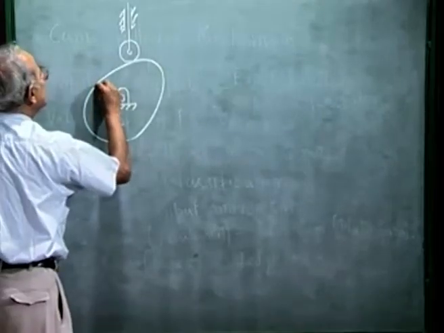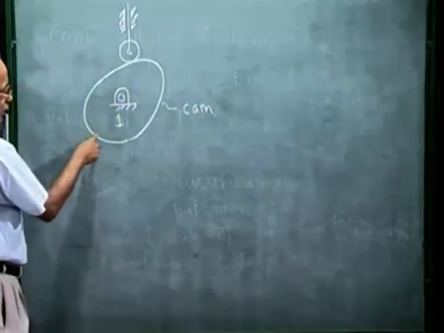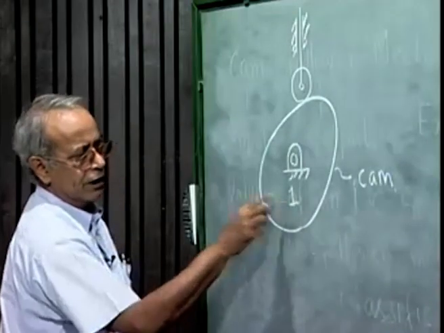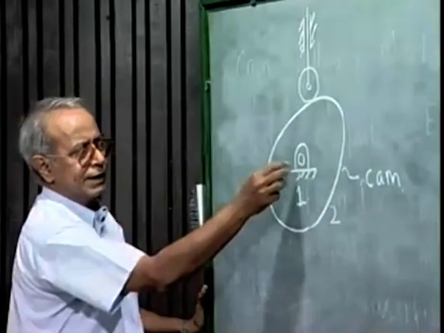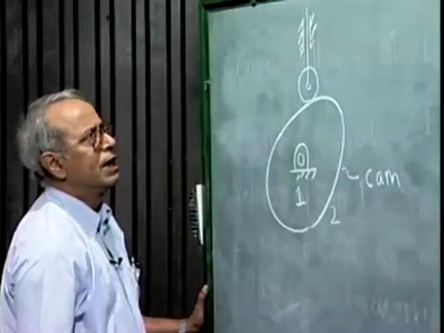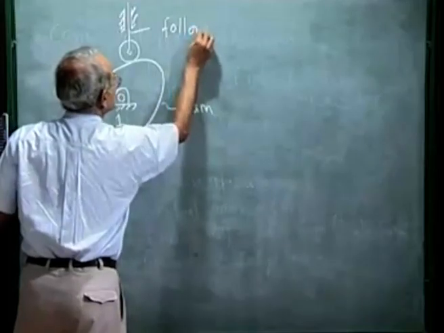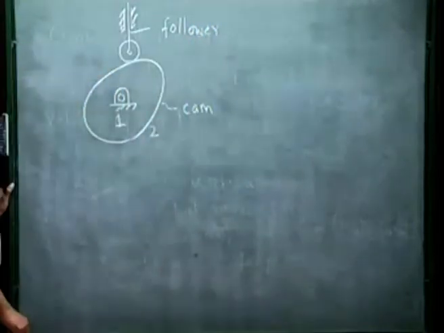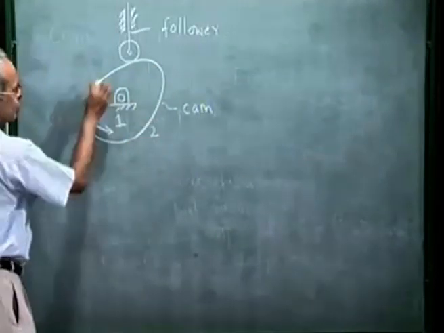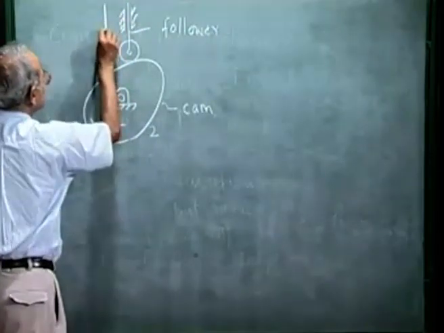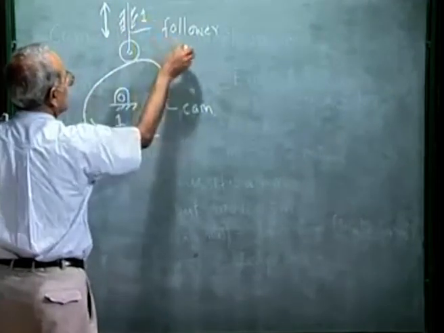This profiled body is called the cam. It has a revolute pair with the fixed link, that is the foundation, which I call link number 1. So the cam is link number 2. There is a revolute pair between 1 and 2. And this is the output member, which is the follower. As we see, if this cam rotates, depending on the profile or shape of the cam, the follower will have translatory motion along this prismatic pair between 1 and the follower.